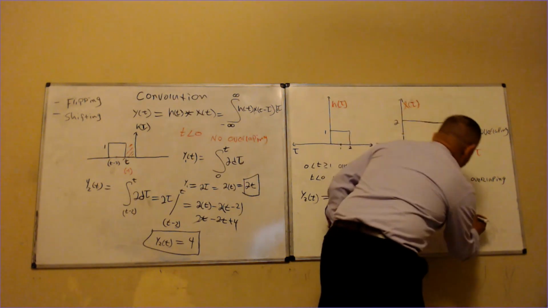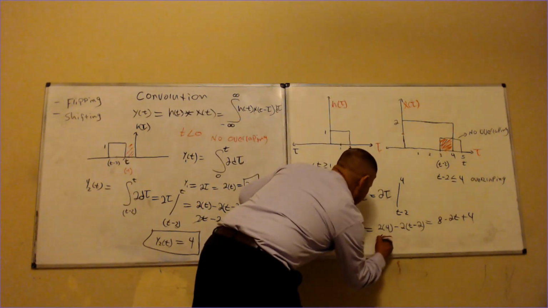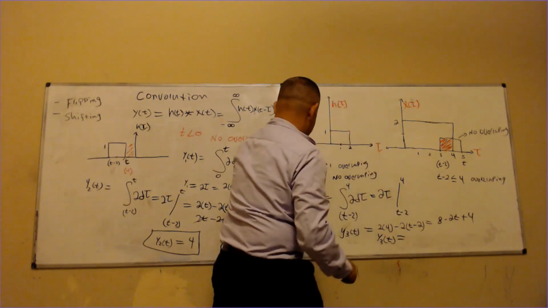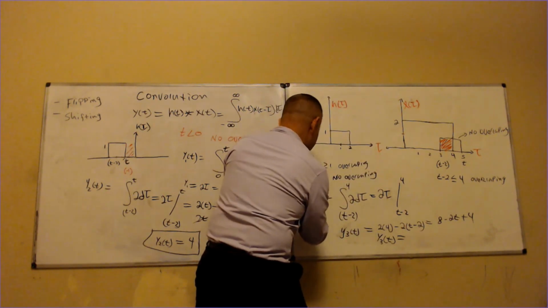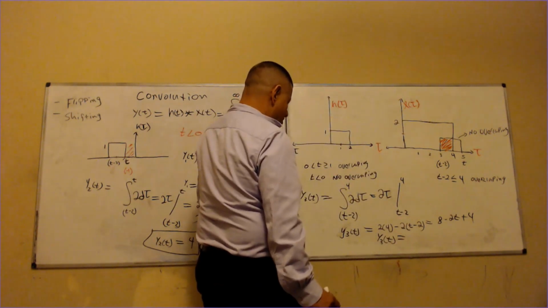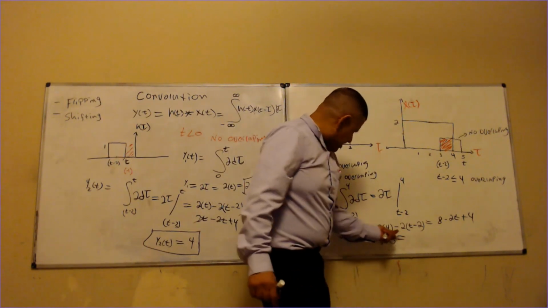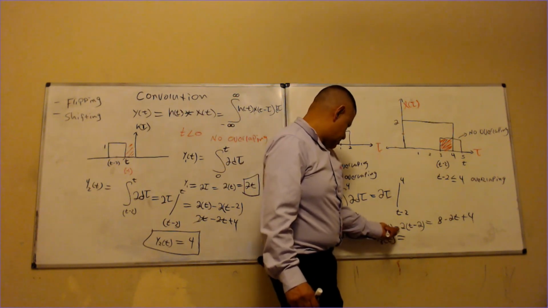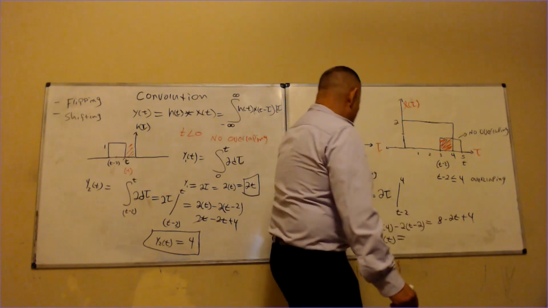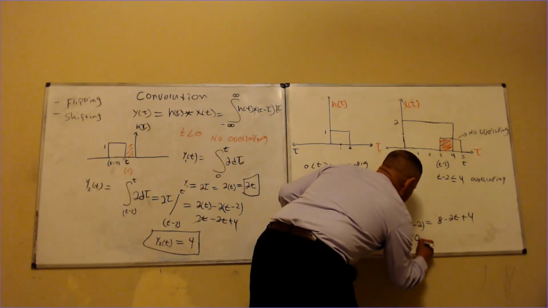So now that simplifies y3 of t, in this case, if I have this math correctly. Yeah, that's negative, so that becomes a negative.